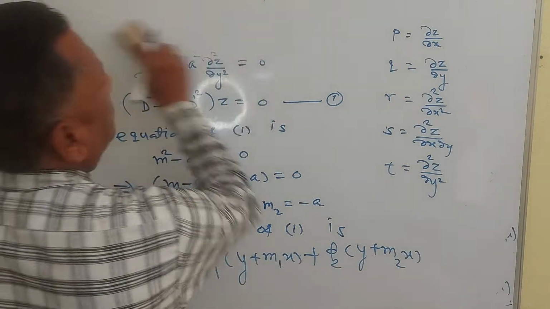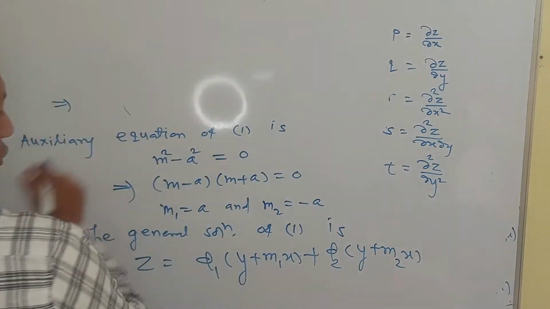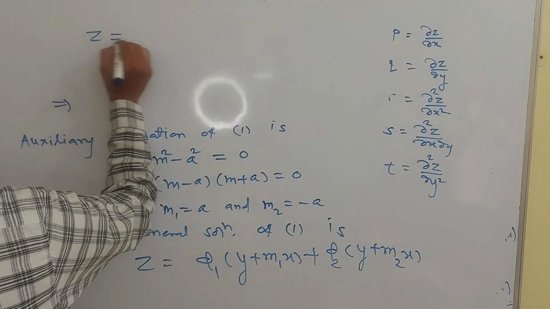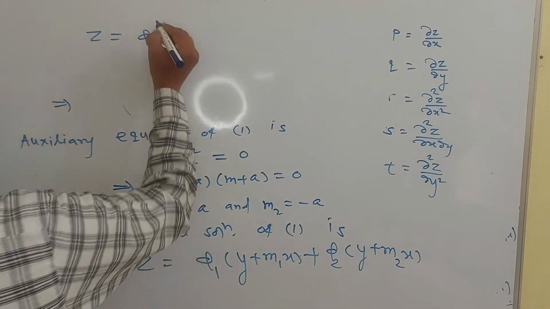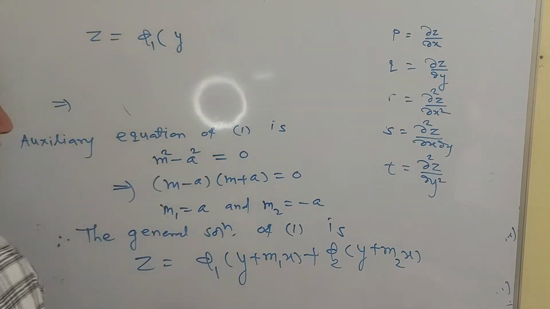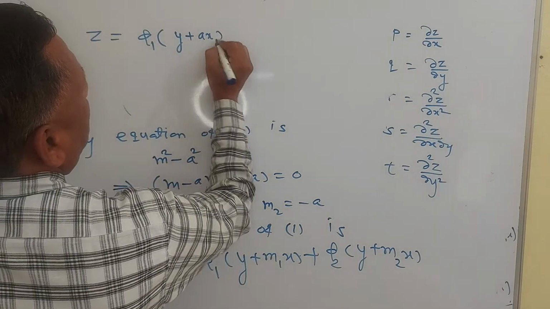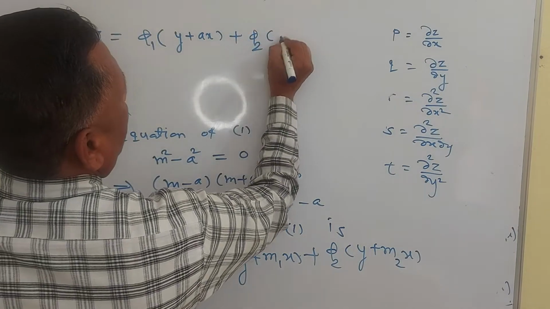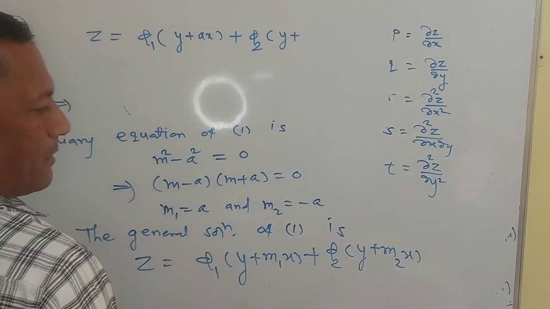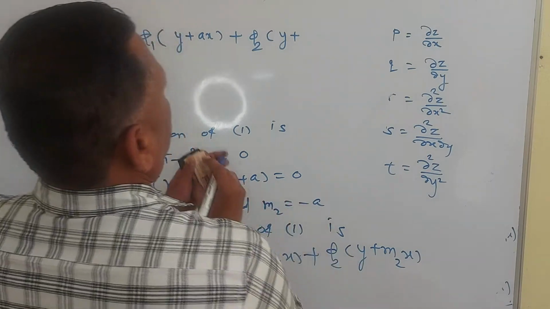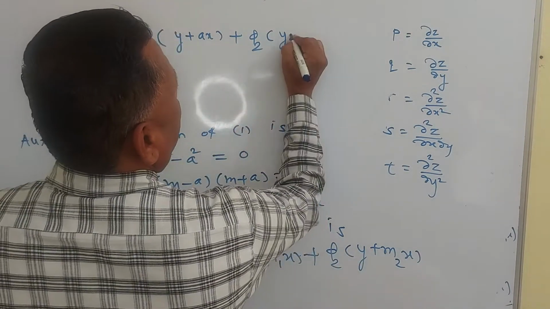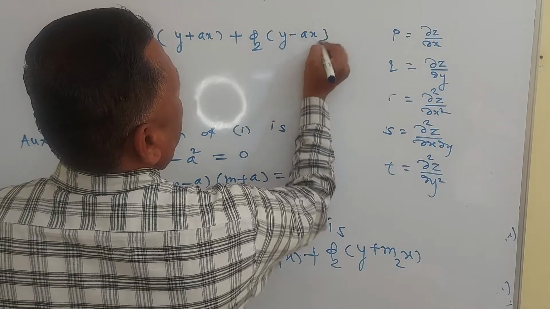Therefore the general solution is z is equal to phi 1 of y plus m1, which is a, so y plus ax, plus phi 2 of y plus, here m2 is minus a, so instead of plus, here minus ax.